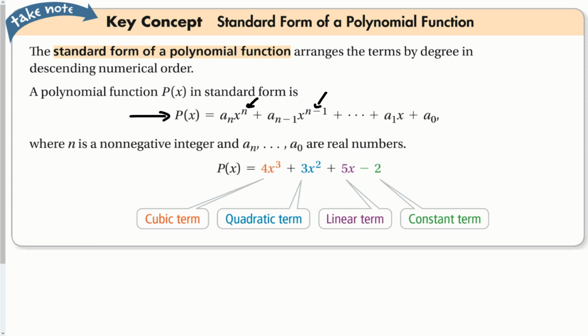And then one less, and then one less, and then one less, and one less. That's what these ellipses are saying. Everything in between to the first power, and then to the 0 power. So we're covering every possible exponent term of x.